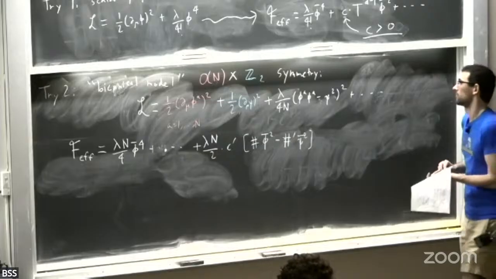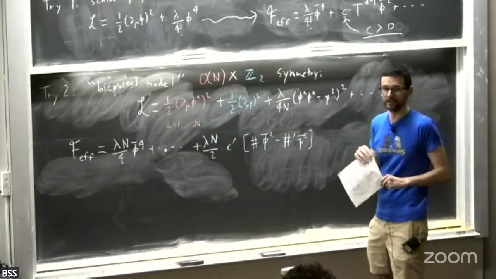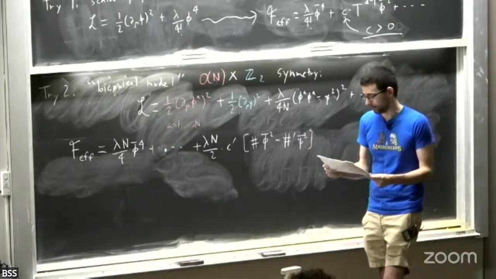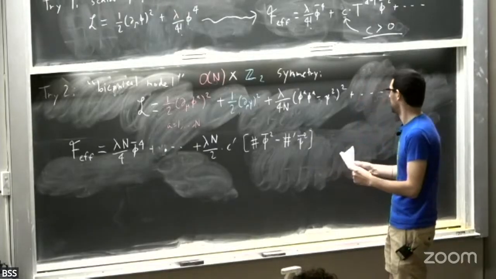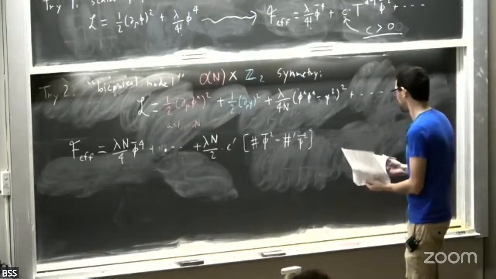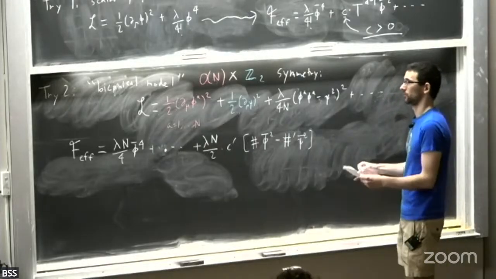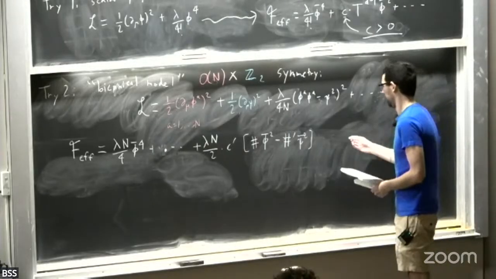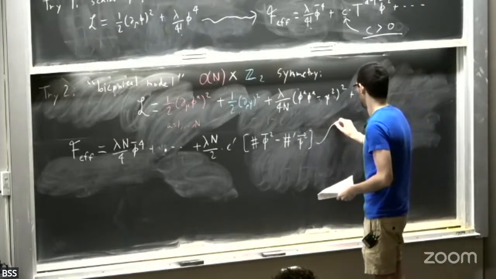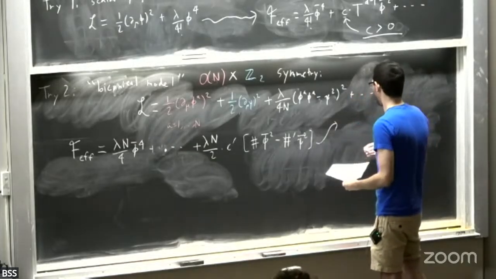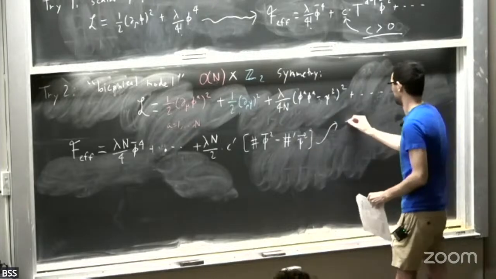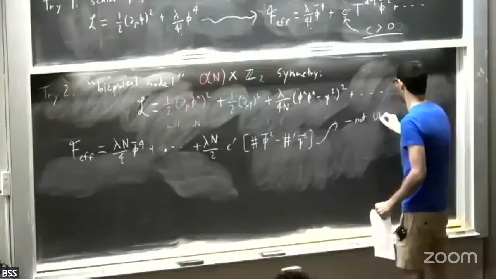So you might ask, okay, so the story ends here. There are two maybe small technical challenges that one has to worry about here. The first is that this model is not UV complete.